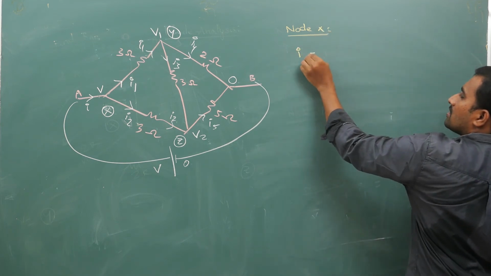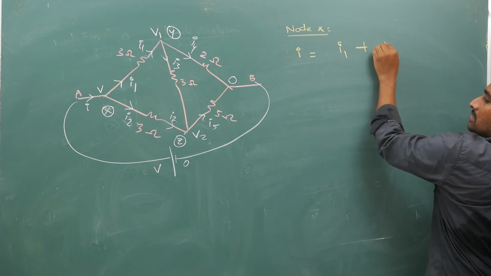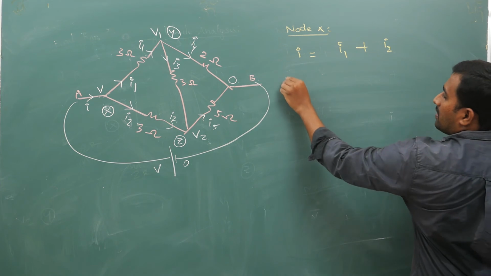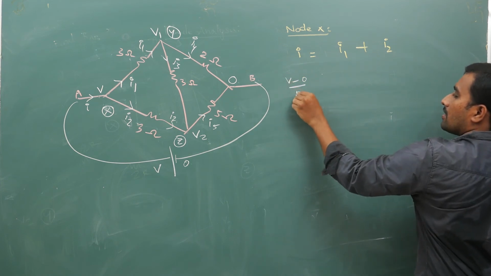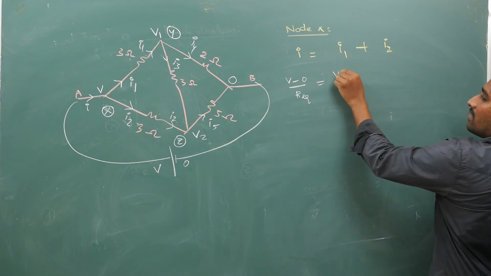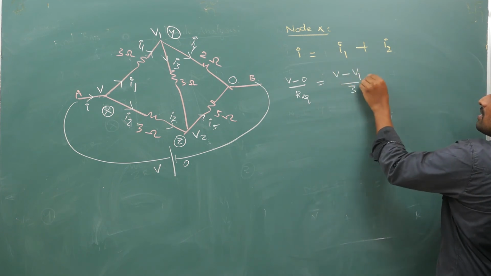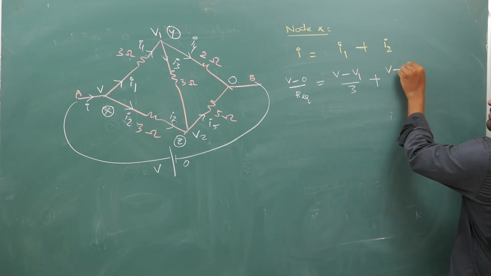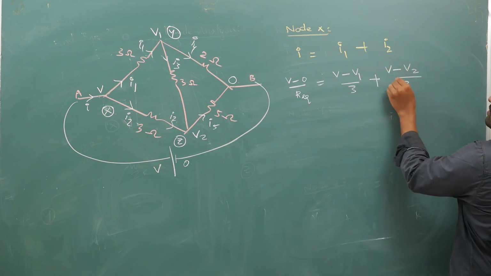So I is equal to I1 plus I2. What is I? (V minus 0) by R equivalent is equal to what is I1? (V minus V1) by 3, plus what is I2? (V minus V2) by 3.